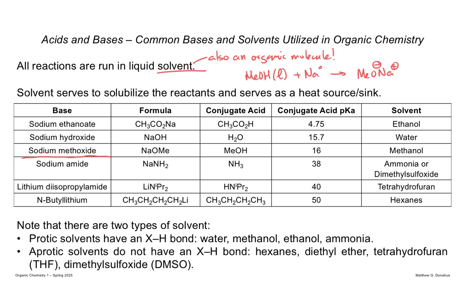So that's your base, and then it's in that conjugate acid solvent. The first three are what we call polar and protic, so they have OH.